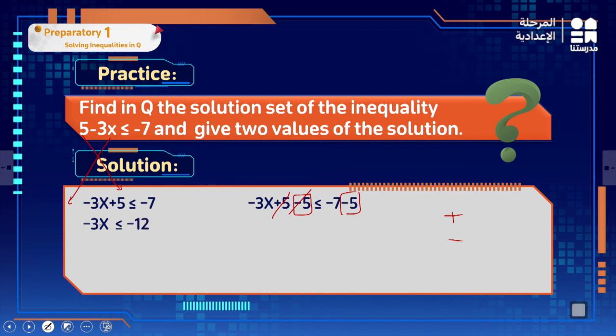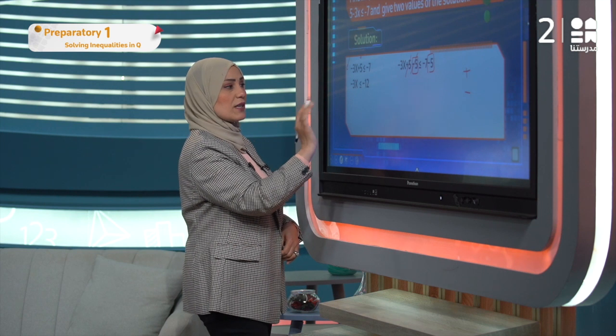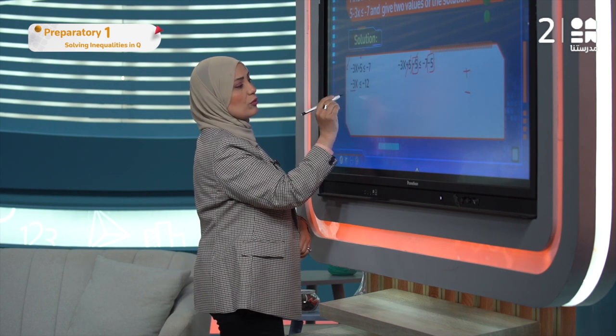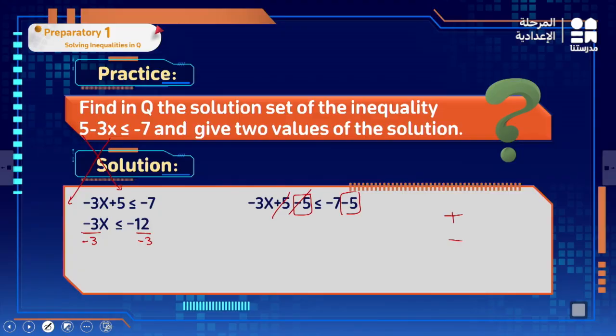Now I need to divide by this -3. Keep in mind, when you multiply or divide by a negative number, we need to change the sign of the inequality. Here it is less than or equal. Just watch me. I'm going to divide by -3. It was less than or equal, then I'm going to make it greater than or equal, because I divided by a negative number, so change the sign of the inequality.